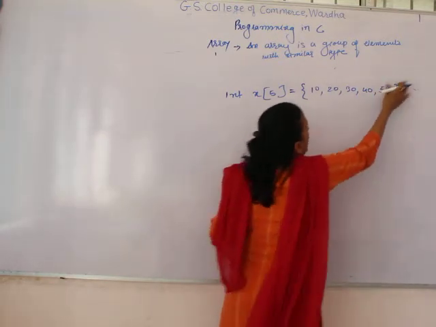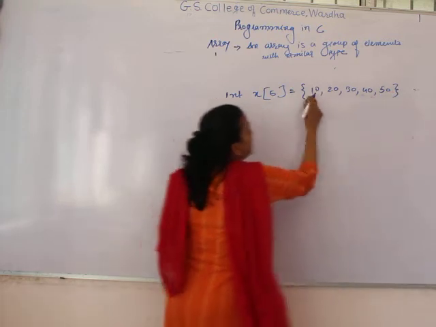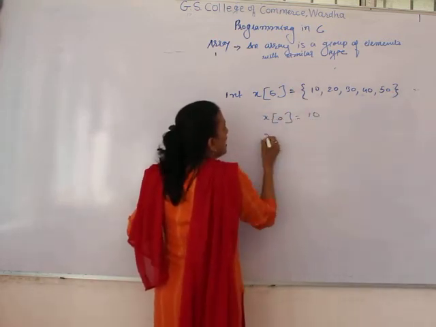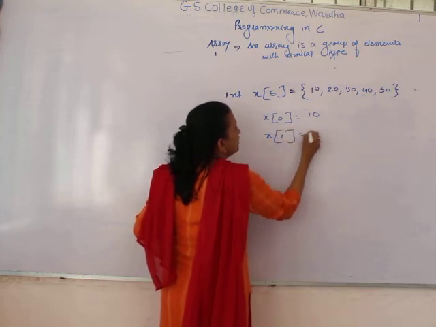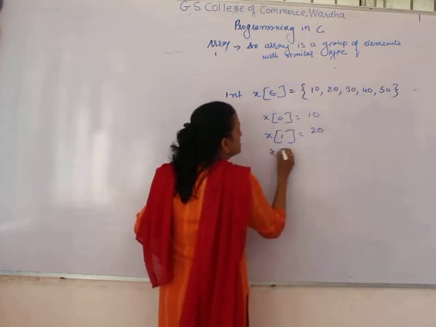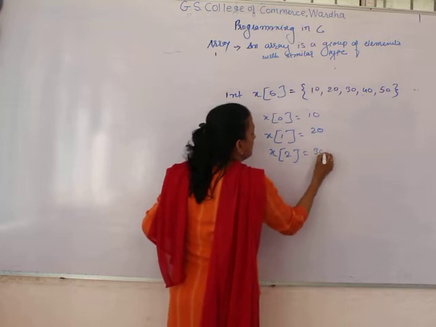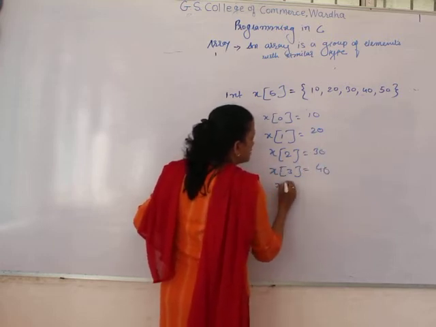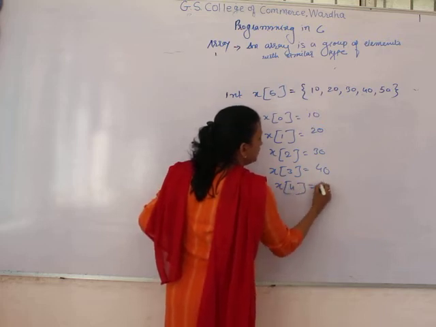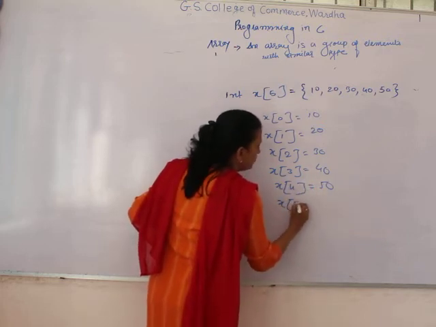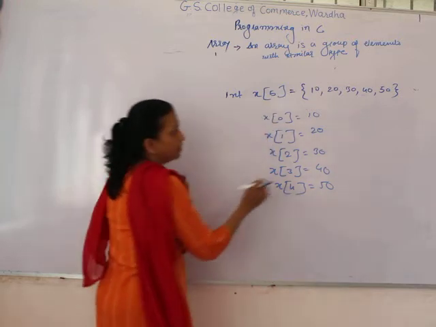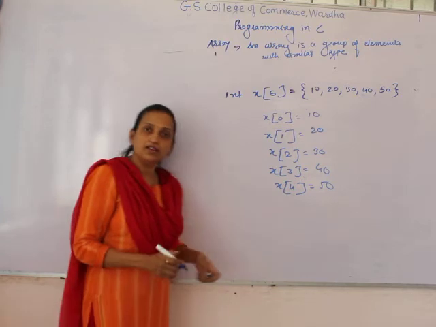It will automatically assign the first value, that is x0 is 10, x1 is 20, x2 is 30, x3 is 40, x4 is 50. So here up to 50 you will assign the value like this.